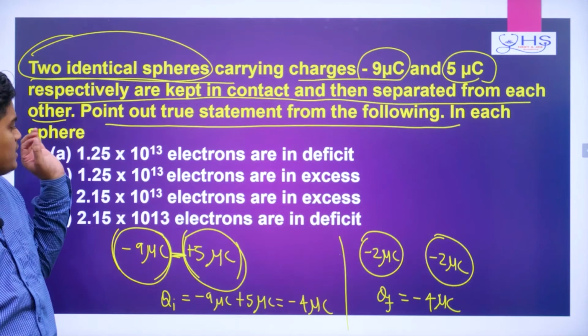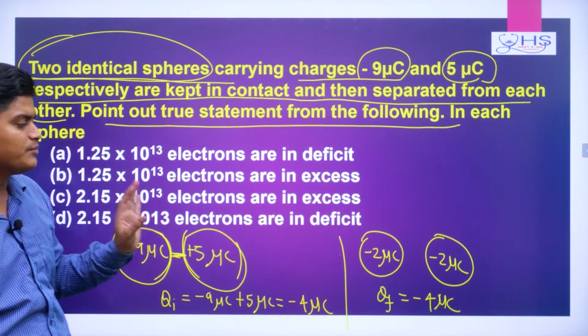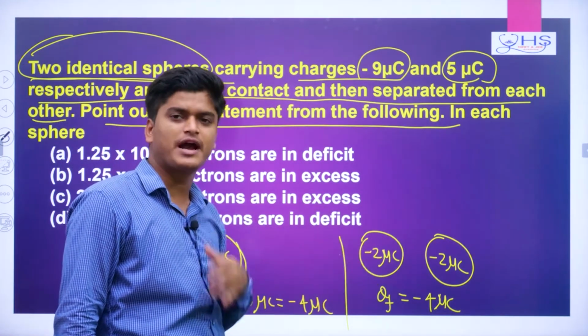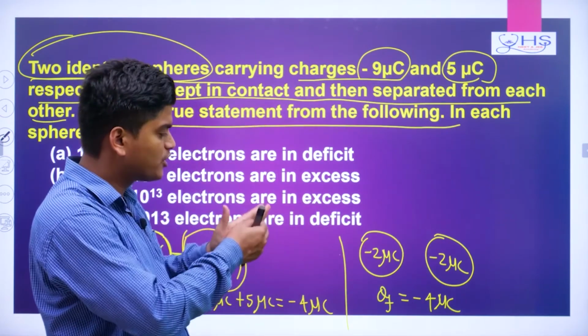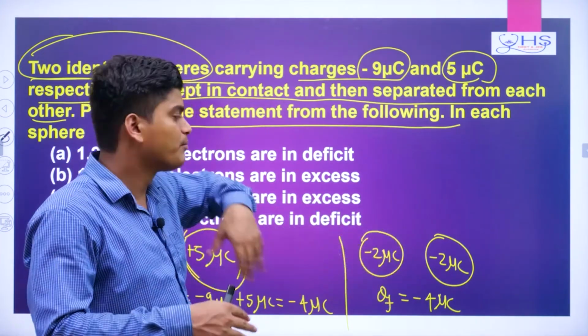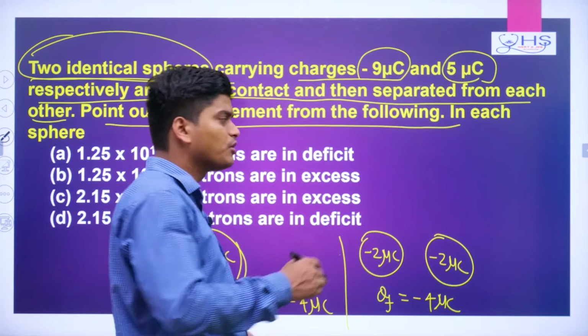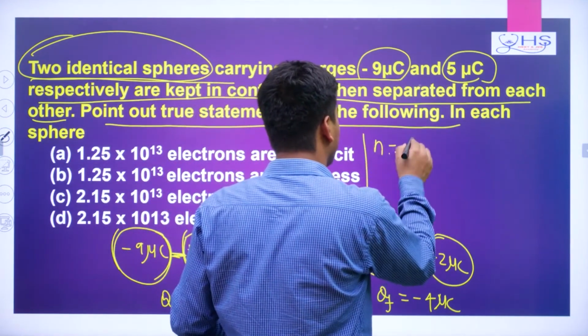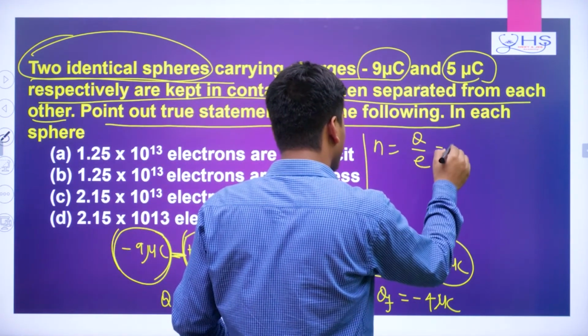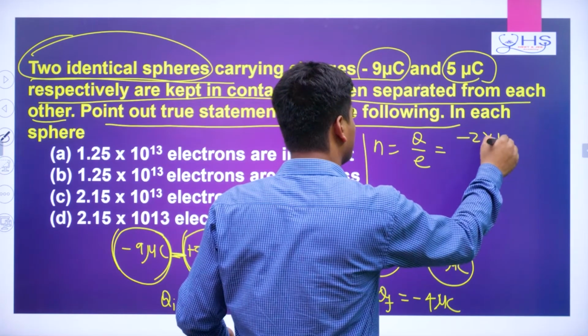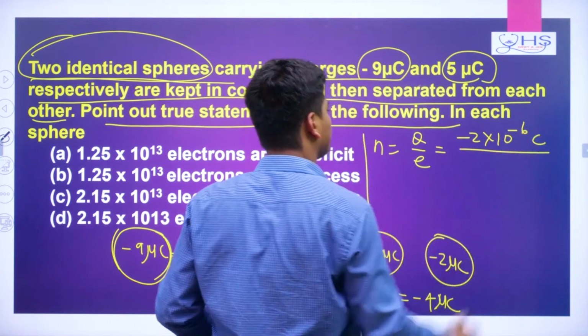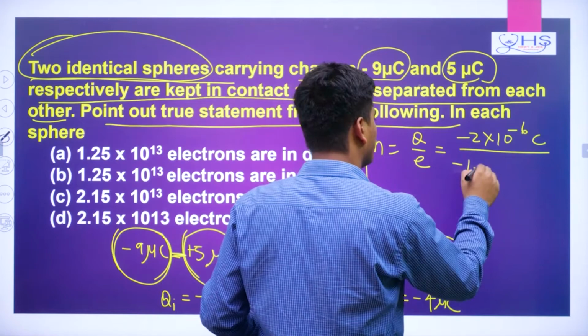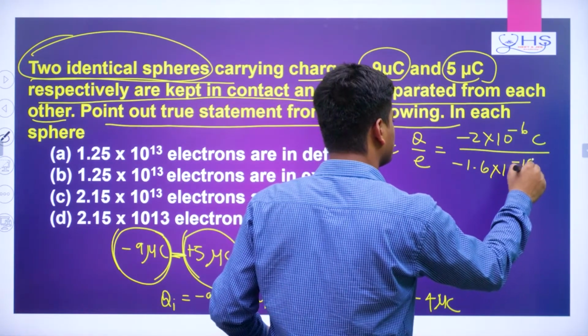Now they are asking how many electrons are there. That means you want to find the number of electrons for this minus 2 microcoulomb, because from the charge after contact you have to find the number of electrons present. Just use n equal to Q by E, where Q is minus 2 microcoulomb. Microcoulomb means 10 to the power minus 6 coulomb, and E equal to minus 1.6 into 10 to the power minus 19 coulomb.